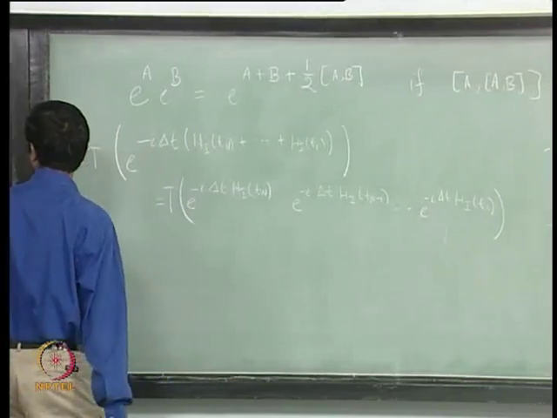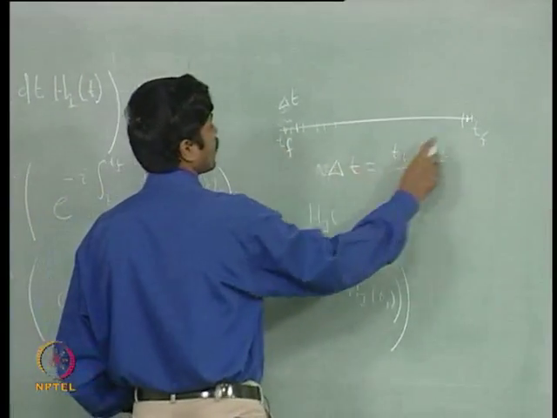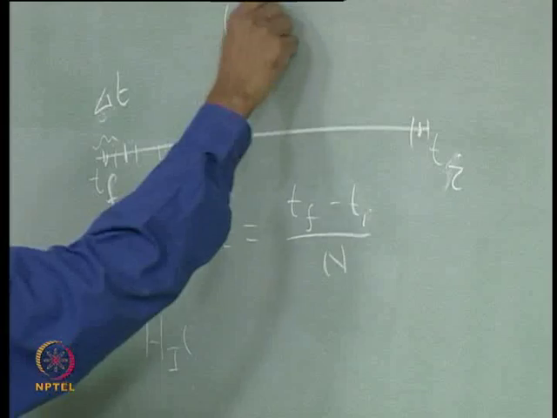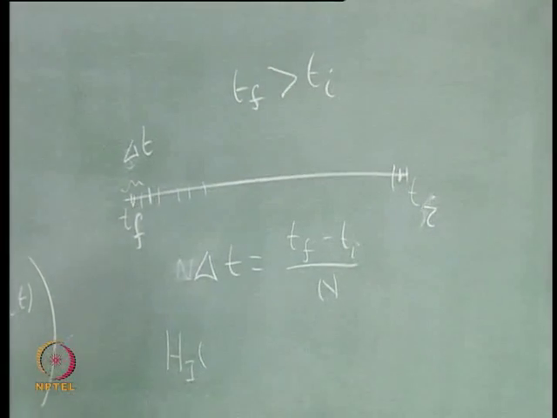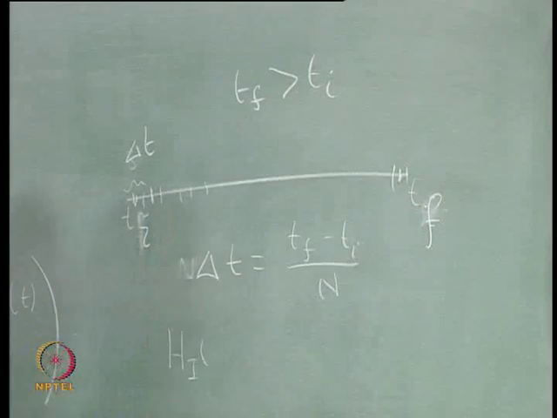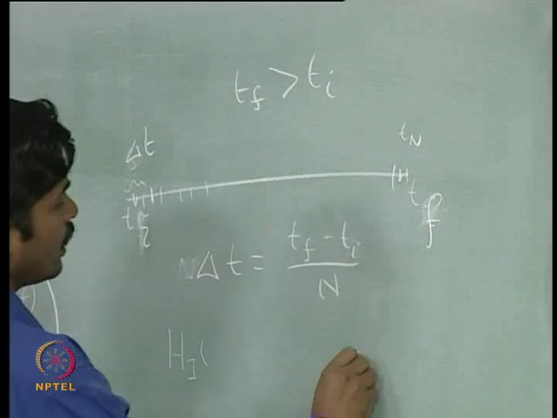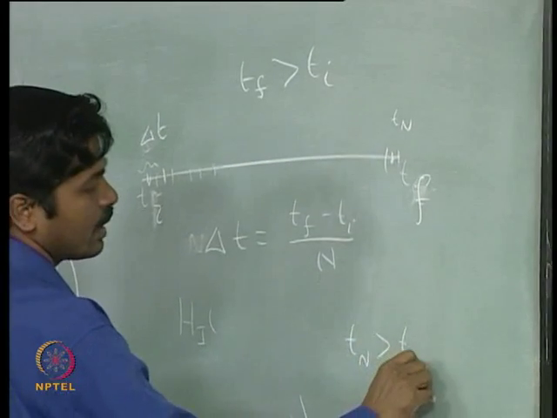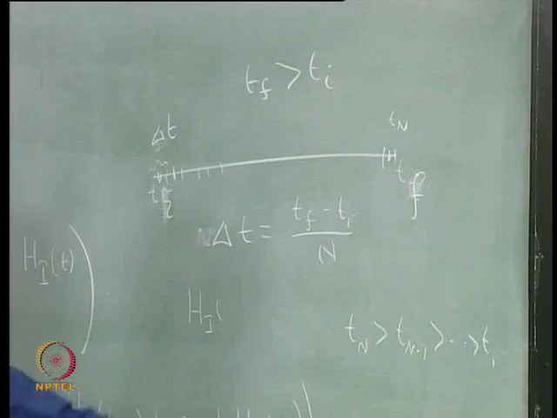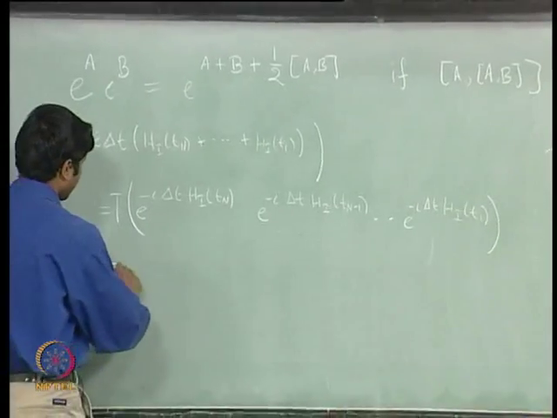The reason is that I am considering this interval where this is T f and this is T i, so T f is greater than T i. Therefore, I have this ordering that t n is greater than t n minus 1 and so on, down to t 1, according to my convention. So, this is already time ordered, and I do not need to write the time ordering.